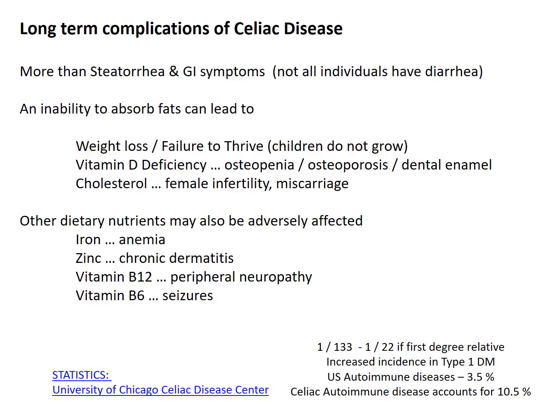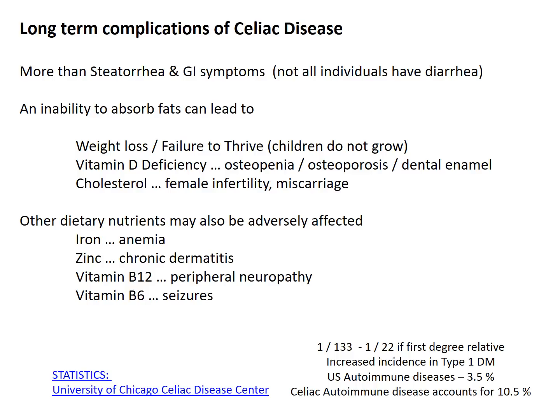Complications of celiac disease. So you get steatorrhea, and you get that fatty diarrhea due to not absorbing it, but the lack of absorption of fat can also lead to weight loss, particularly failure to thrive in children. Vitamin D deficiency can lead to osteopenia, osteoporosis, inability to calcify dental enamel.